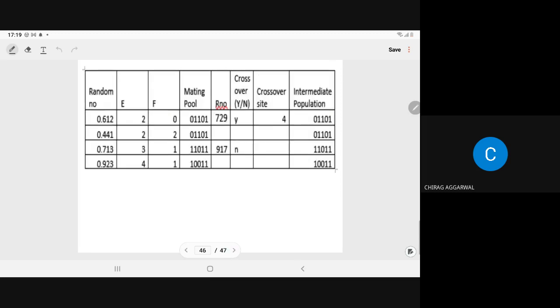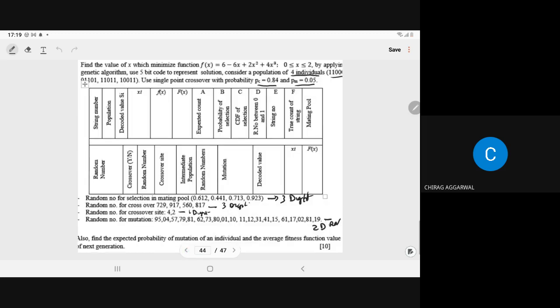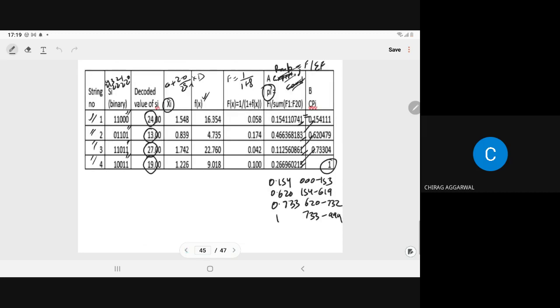So now random numbers for the strings are given to you: 612, 441, 713, 923, right? So when we check, 612 will lie in string 2. Then 441 lies again in string 2.